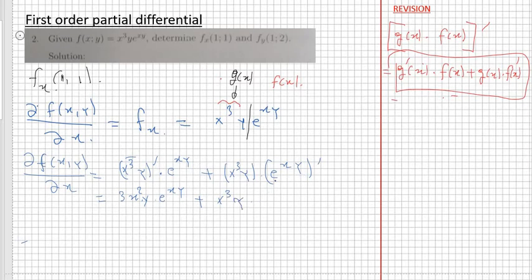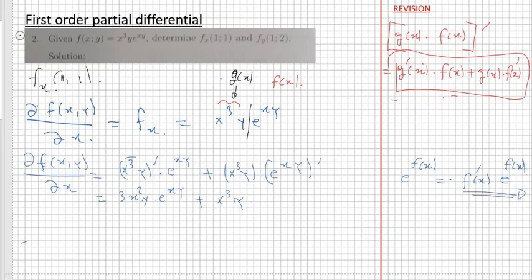And then the next thing is to derive the last bracket. So what is the derivative of a function e to the power of a function f of x? You first need to derive f of x, and then you multiply by e to the power of f of x.